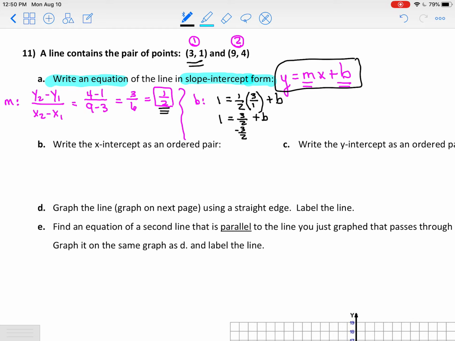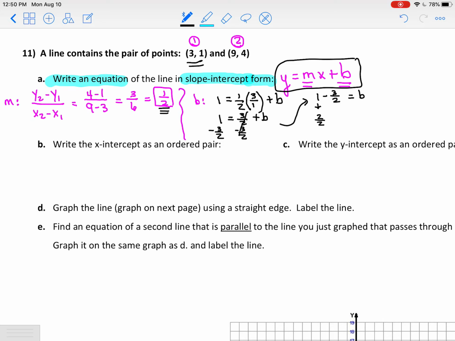I'm going to minus 3/2 and minus 3/2. Okay, let's move this direction. All right, so we've got 1 minus 3/2 is equal to b. Now we know we've got a fraction problem here. We need common denominators, so we can just call this 2/2. We know that 2 divided by 2 is 1.